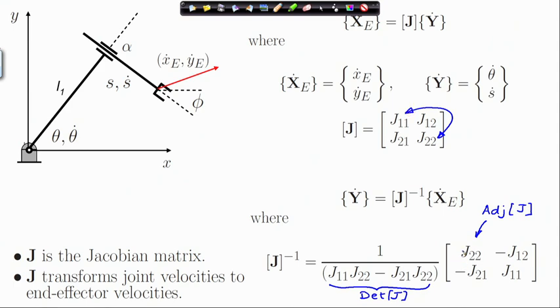That is what I have done here. So, here we have j 2 2 and here we have j 1 1, and we reverse the signs of the off diagonal terms. So, for 2 cross 2 matrices, inversion is very simple. So, this is the adjoint and divided by the determinant. So, once I have the inverse, I can then find out the joint velocities for a specified end effector velocity.